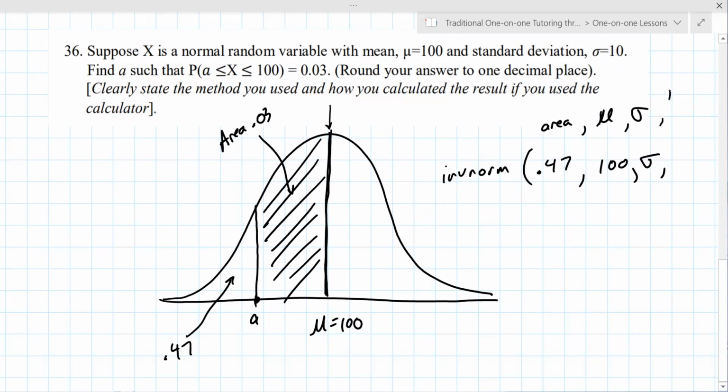We want left this time because we know that A is here and 0.47 is left of A. Okay, gotcha. Yes, we want left again because that's on the left side. You could do right, but you'd have to add 0.5 and 0.03 together.